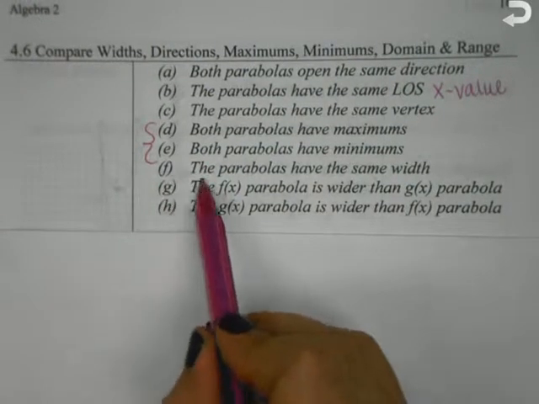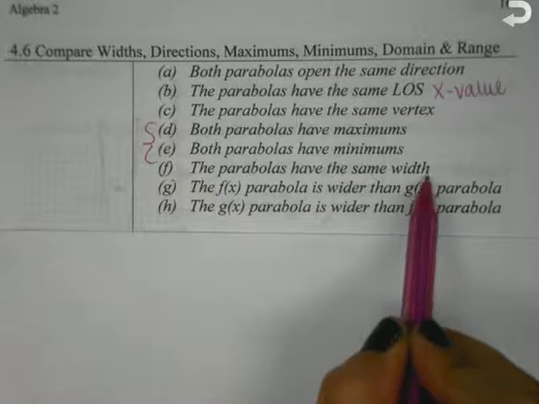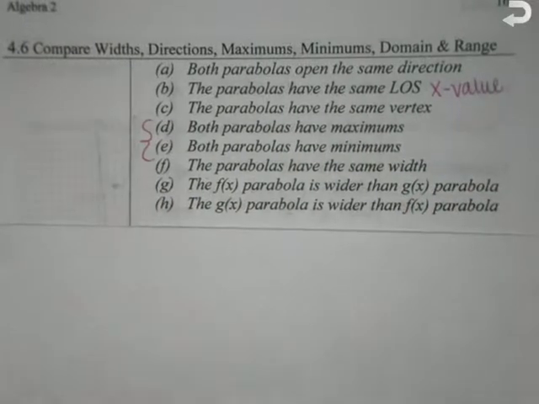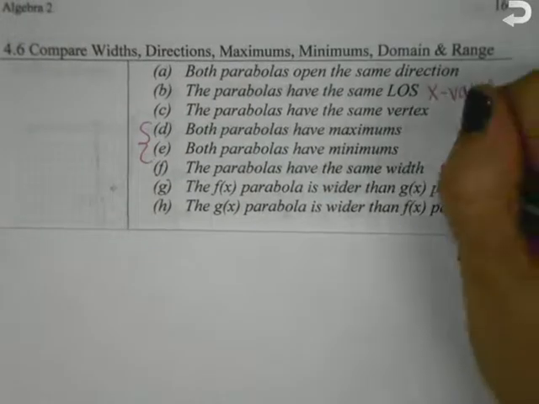F, the parabolas have the same width. What term am I looking at when I'm looking at how wide or narrow it is? Width. Yeah, which one? A, B, or C?